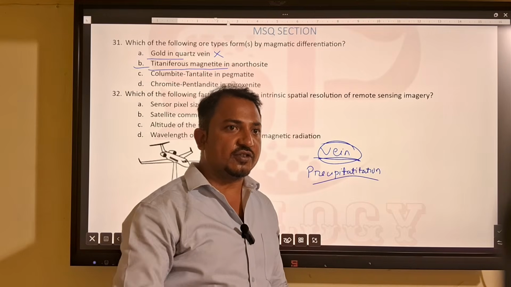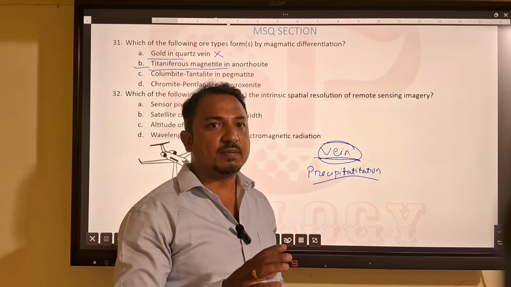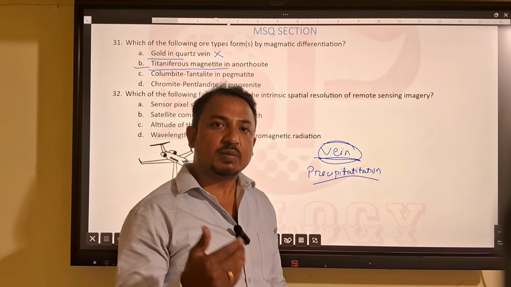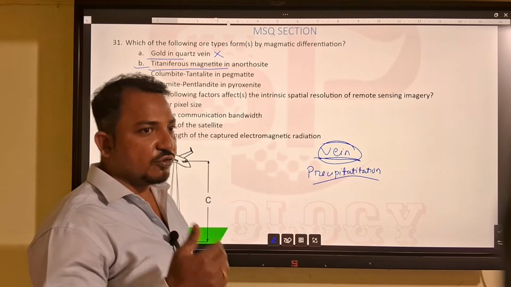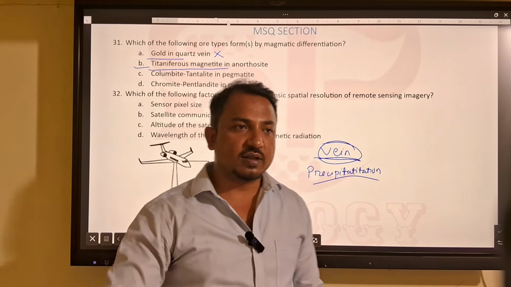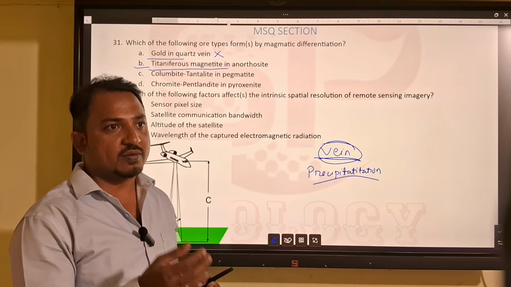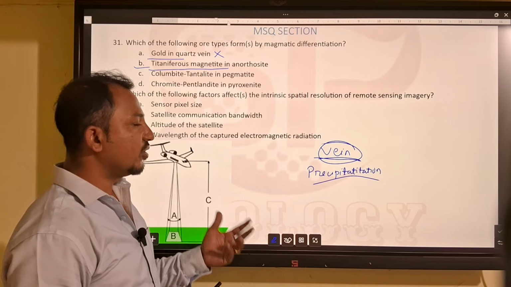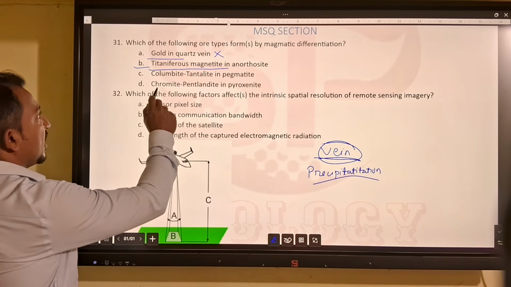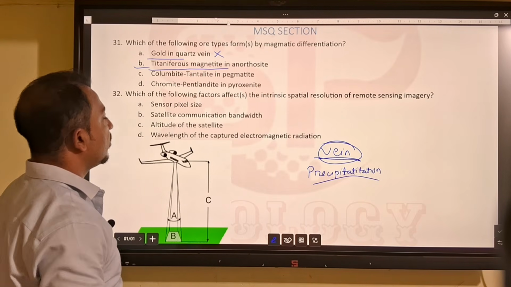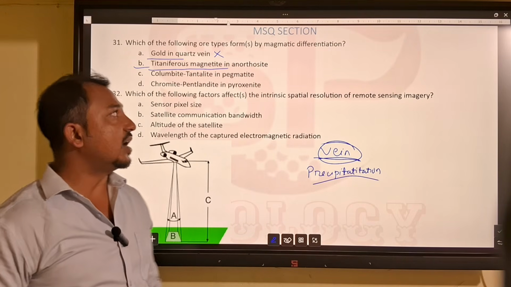With progressive crystallization, the residual melt becomes enriched in incompatible elements. When that residual melt separates from the rest of the solid, it becomes richer in certain elements that give an economical deposition. Here titaniferous magnetite means titanium with magnetite that deposits in anorthosite.